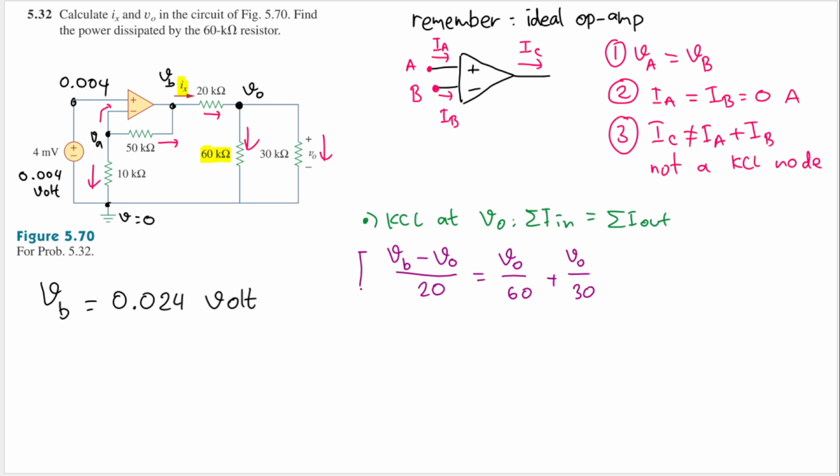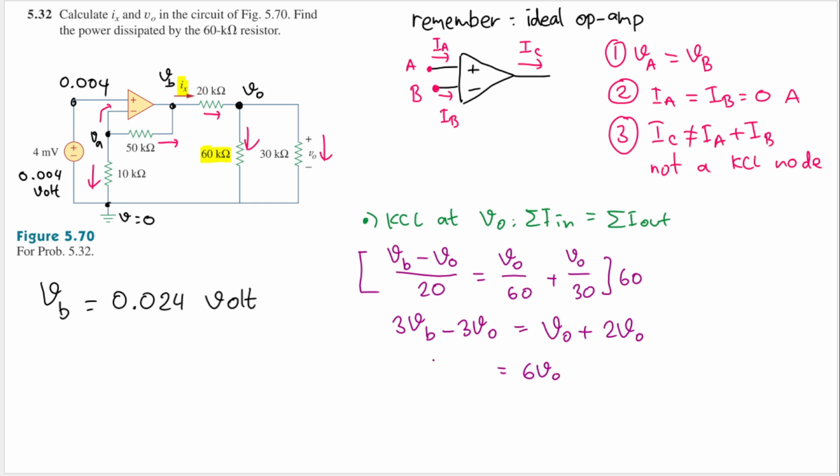Okay, multiply both sides by 60. And we will have 3 VB minus 3 V0 on the left. And on the right we will have V0 plus 2 V0, which gives 6 V0.